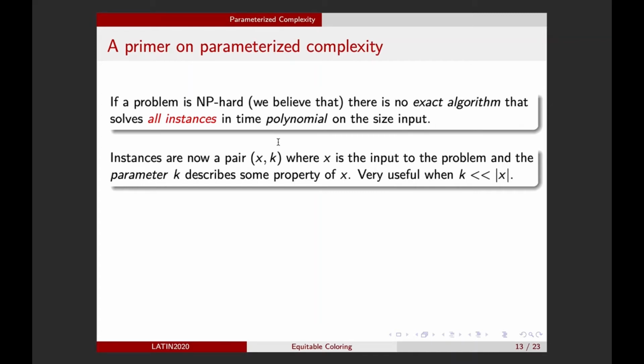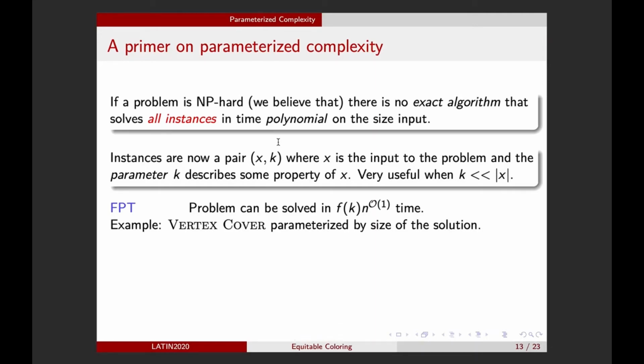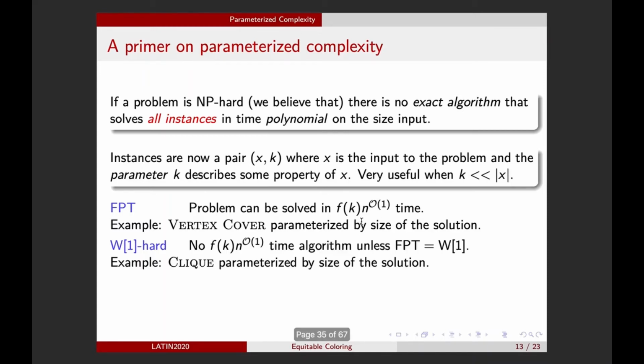And we have more or less 3 classifications of problems in this theoretical framework. The first is the efficiently solvable problems, the FPT problems, which we can solve in f of k, for some computable function f, times a polynomial in the size of the instance. And the best example is vertex cover, parameterized by the size of the solution. But not everything is good news.